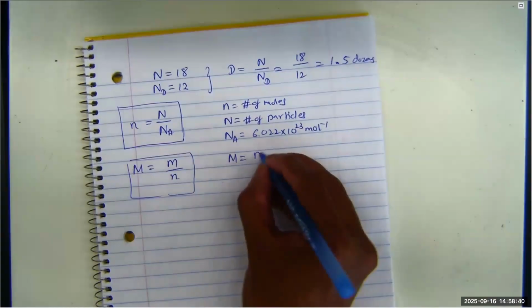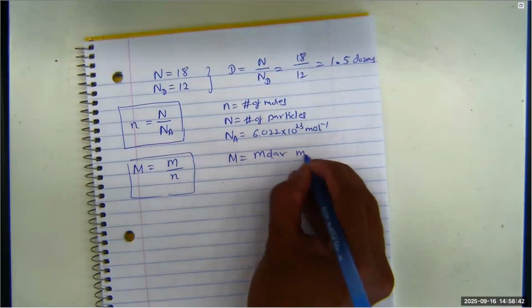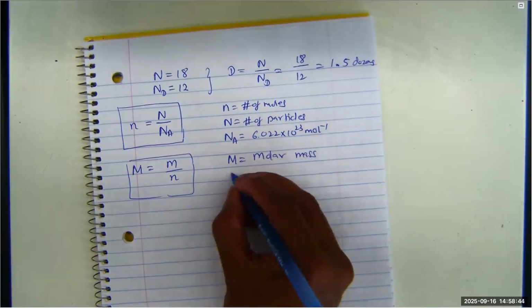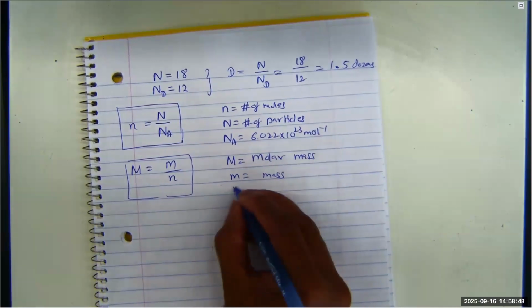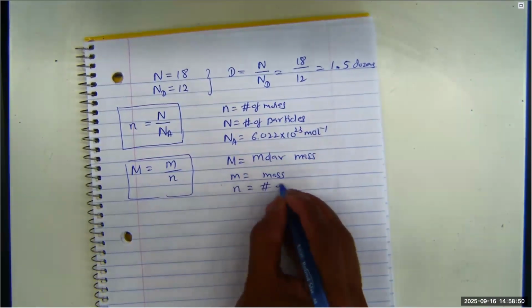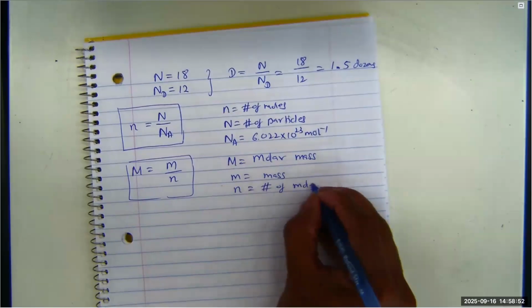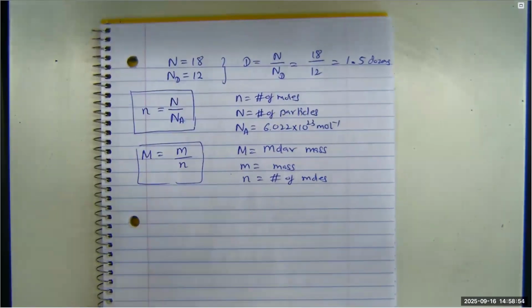So here the uppercase M is the molar mass, and then lowercase m is the mass, and then n is the number of moles. You can rearrange these equations any way you want if it helps you. Okay, these are all the equations we're going to need.